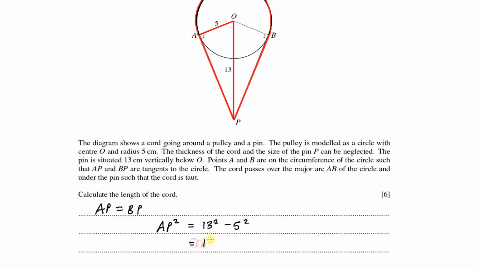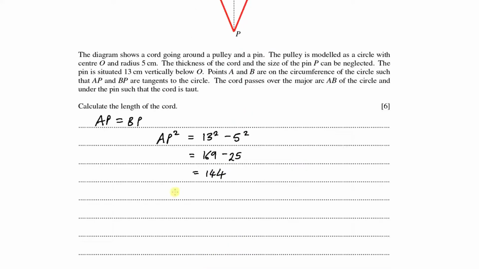And this gives us 169 minus 25. And this is 144, which therefore means that AP is equal to the square root of 144. So we get AP coming out as 12. So we now know that AP is 12 and BP is also equal to 12. And that's in centimeters.